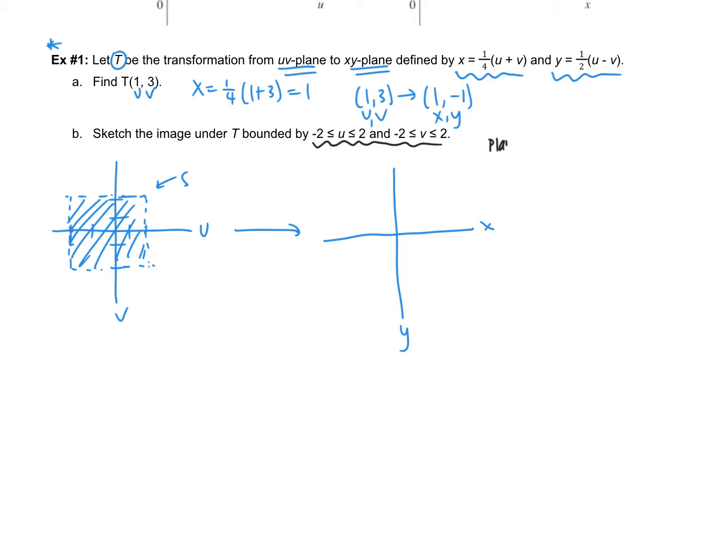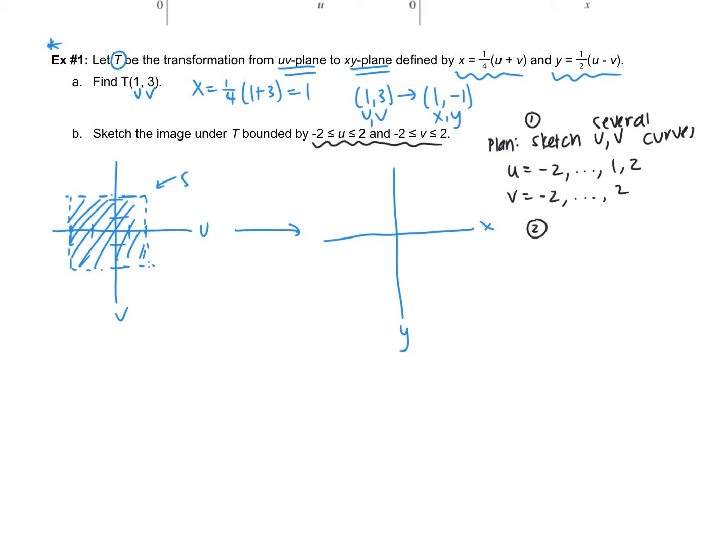Instead, our plan is going to be to sketch several u and v curves, u going from -2 to 2, and v going from -2 to 2 also. Now, we want to sketch those curves.